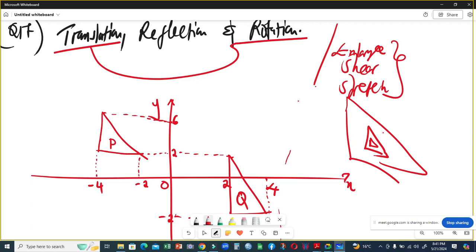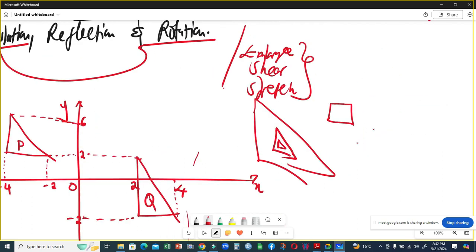For shear, if this is the object, it will be tilted at an angle, so we are going to have something like this. This is just an example. For stretch, if this is an object, we can have something like this.